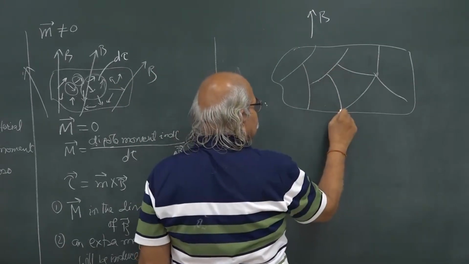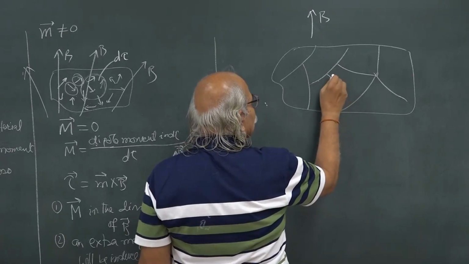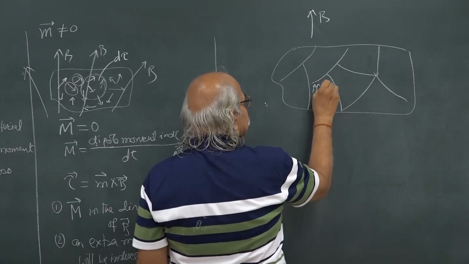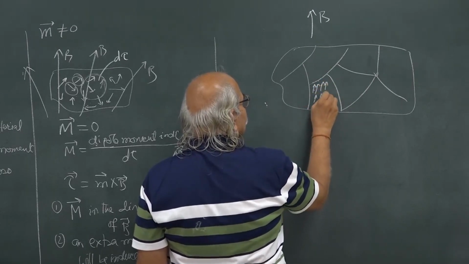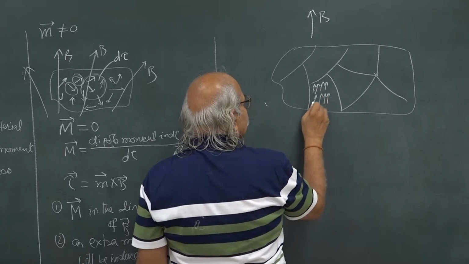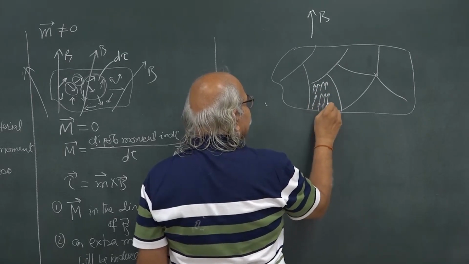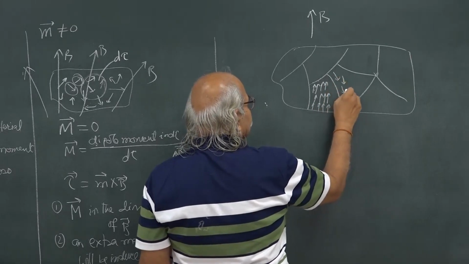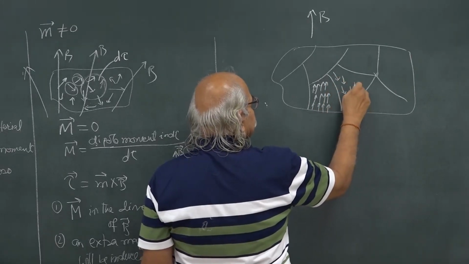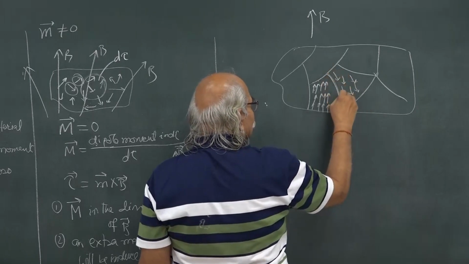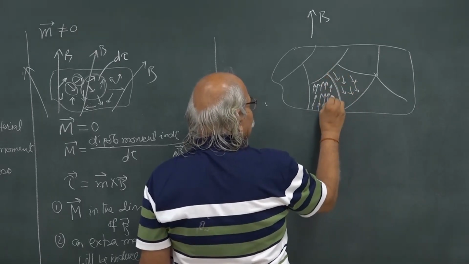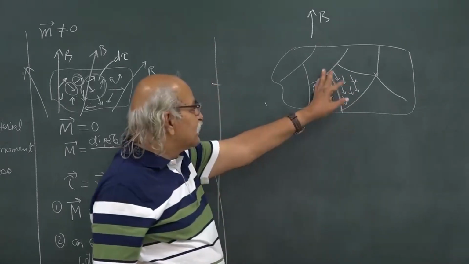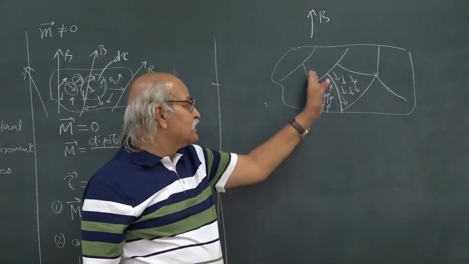In this domain, the magnetic moments are in this direction, and in the adjoining domain, they are opposite, like this. And then this is the domain wall. On one side it is this, on the other side it is this. Of course, there is some thickness where it gradually turns. But here is the domain wall.